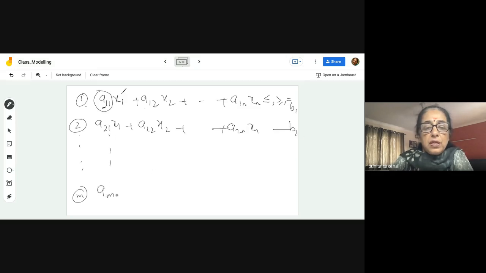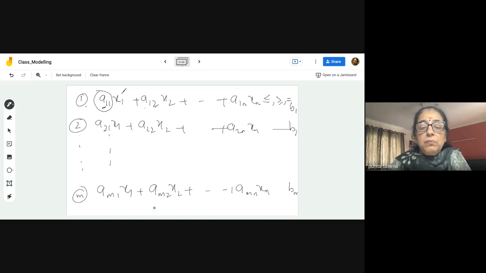Since I have m constraints, I will have m inequations, the last being less than or equal to bm. Apart from this, we have the non-negativity restrictions that all my x1, x2, xn are going to be more than or equal to 0.